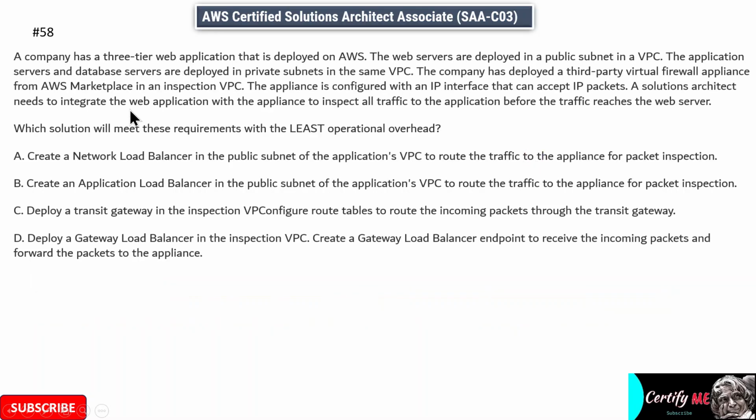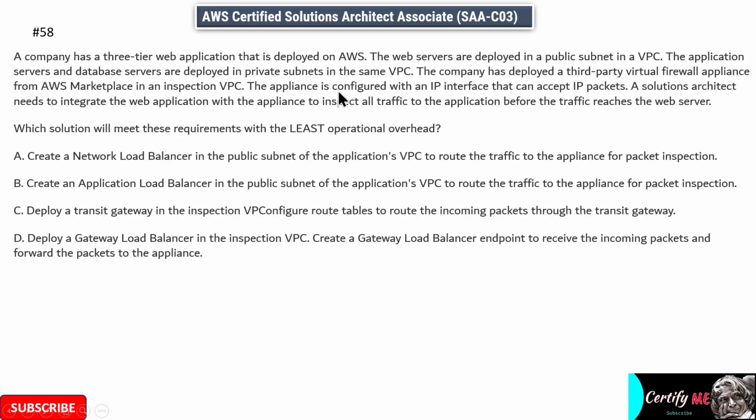Next question. A company has a three-tier web application that is deployed on AWS. The web servers are deployed in a public subnet in a VPC. The application servers and database servers are deployed in private subnets in the same VPC. The company has deployed a third-party virtual firewall appliance from AWS Marketplace in an inspection VPC.